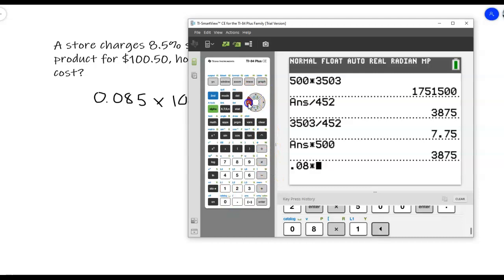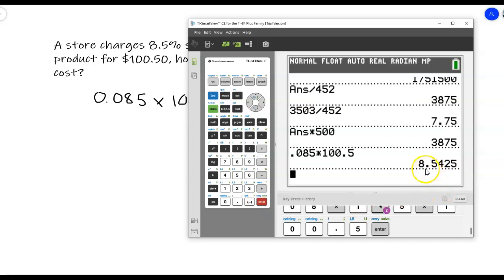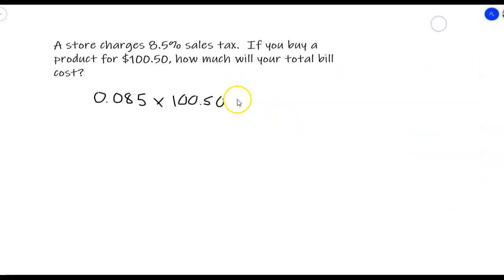Oops, didn't get that 0.085 in there. Times 100.5. That's going to give us an amount of $8.54 after rounding. So this is our tax.